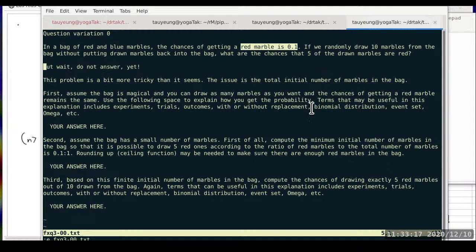Okay, so if that is the case, it is still a binomial distribution. I said it wrong, sorry. So in this case it becomes a coin flipping problem, because if you think about a red marble as head and a blue marble as tail, we are basically flipping a heavily loaded coin where the chance of getting a head is just 0.1.